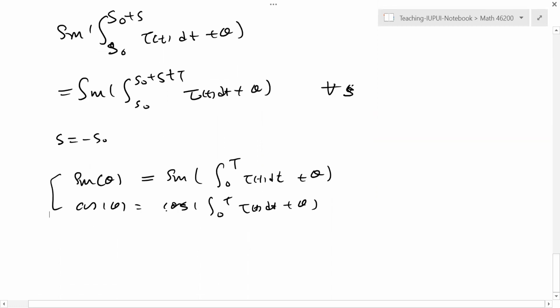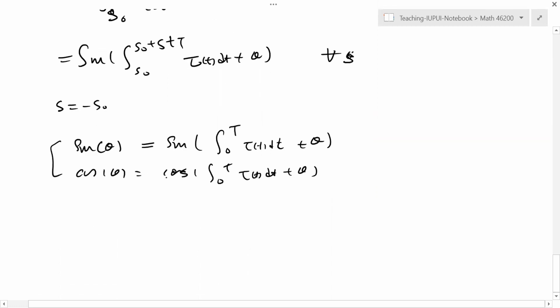So that implies what? That implies the integral of tau must be 2 pi k, right?